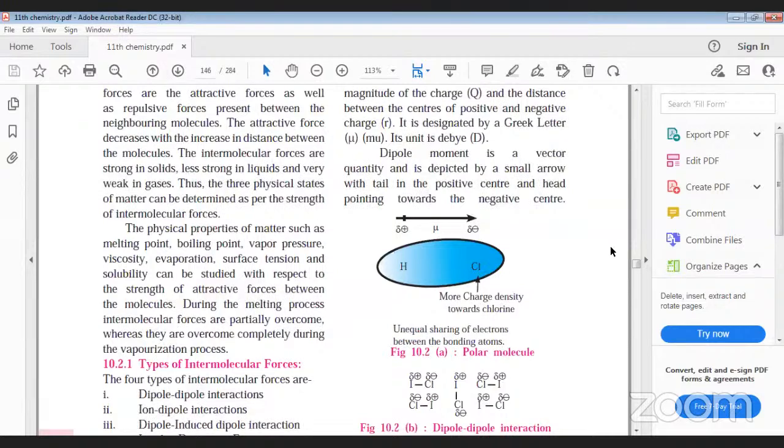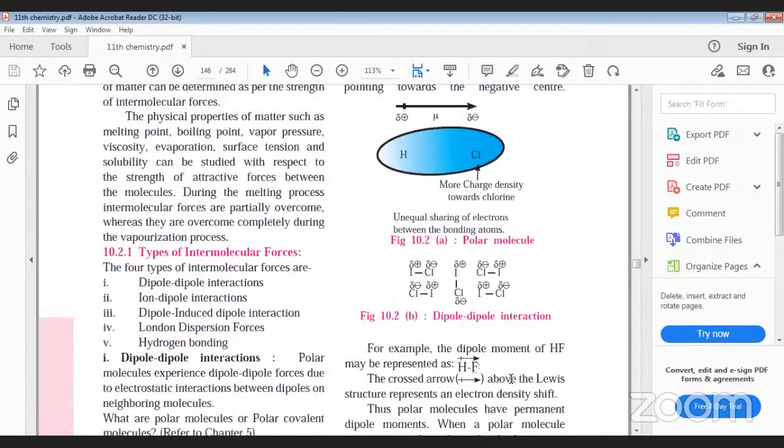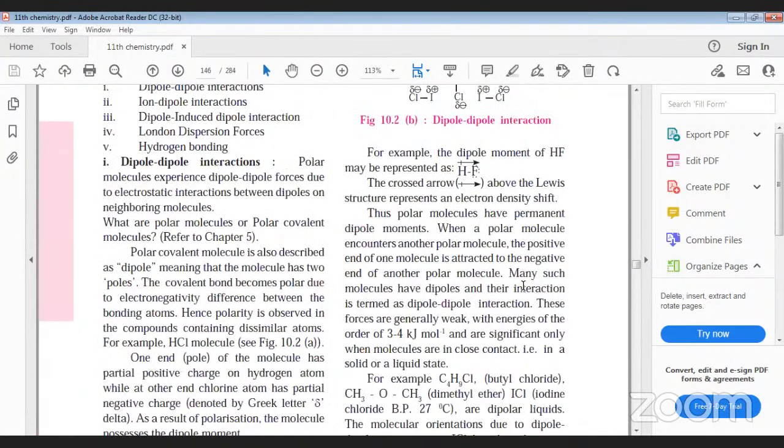Now if I want to place a third molecule, that will also be HCl. We have to follow positive, negative, positive, negative. So beside chlorine I will place hydrogen, and after hydrogen chlorine will come. Again beside chlorine I will place hydrogen. So the alignment of the molecules is positive, negative, positive, negative. That is, positive and negative will come closer.